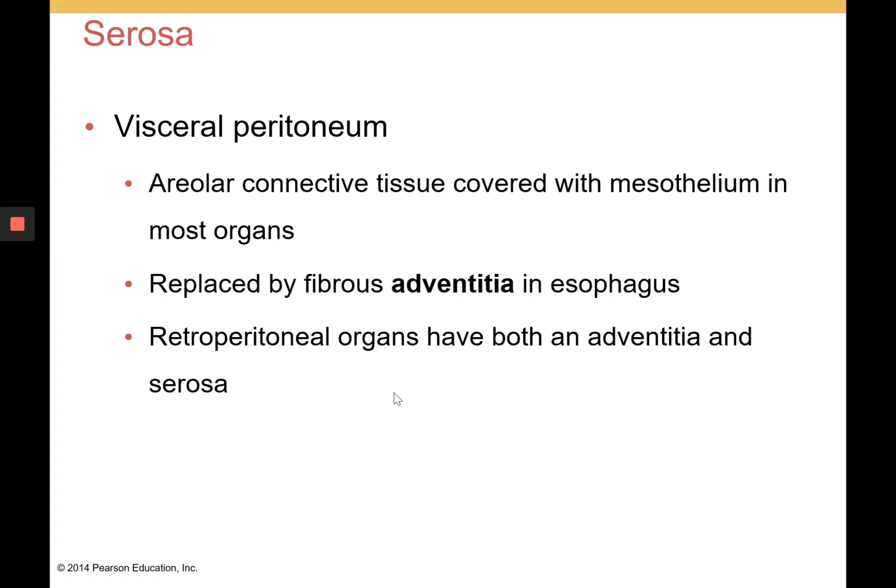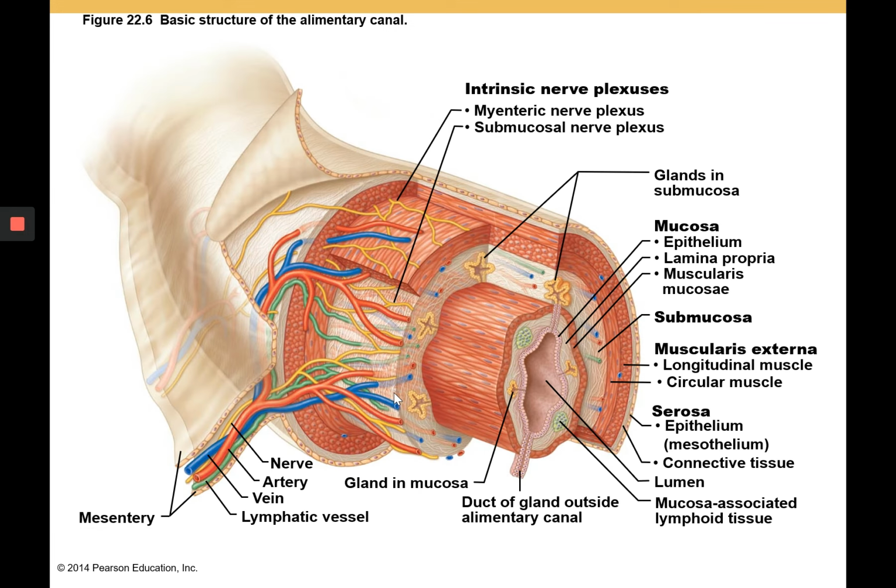Example of an organ like that, not a part of the digestive system, but the kidneys. And then once again, let's just go through the basic tunics of the alimentary canal, and those are the mucosa closest to the lumen, followed by the submucosa, then the muscularis externa, and finally the serosa.